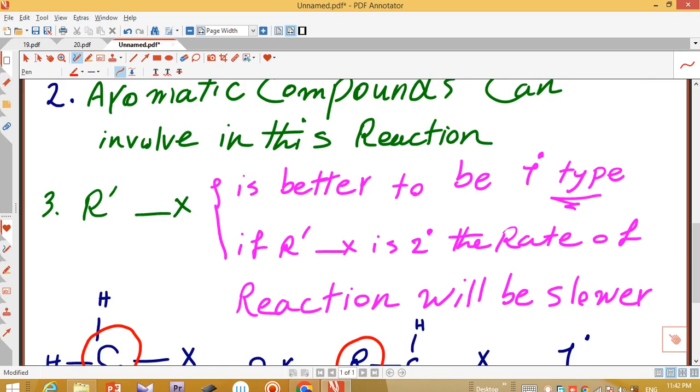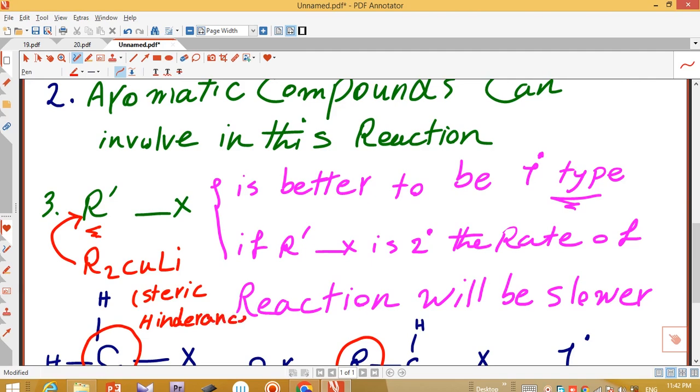Because put yourself in the place of our nucleophile, you want to attack somewhere. If there is a lot of steric hindrance and lots of repulsion in approaching that substrate, you will have lots of problems. You should try more. So our nucleophile prefers the places which have less steric hindrance.